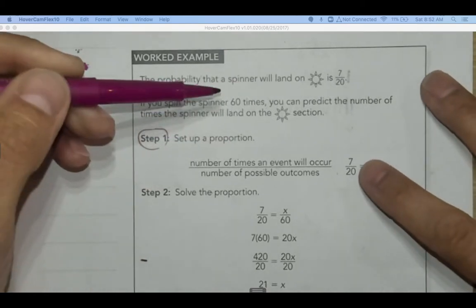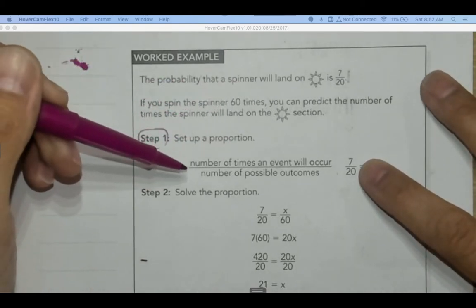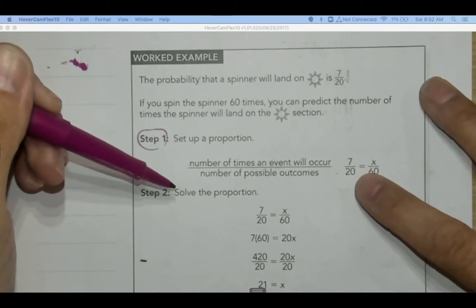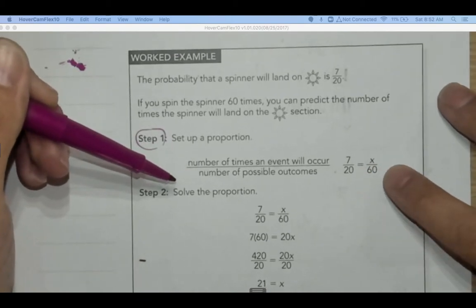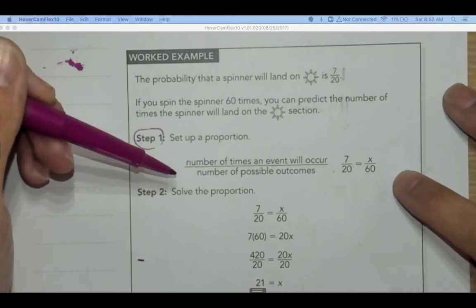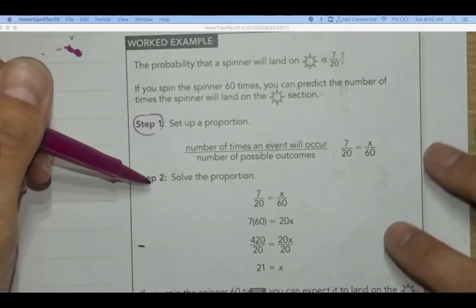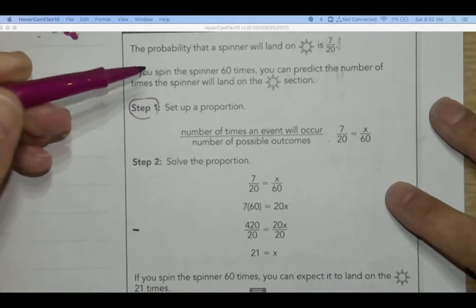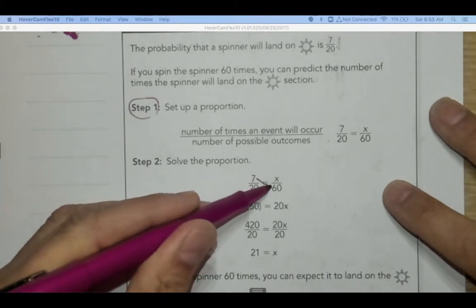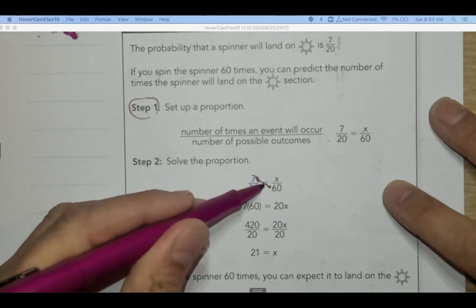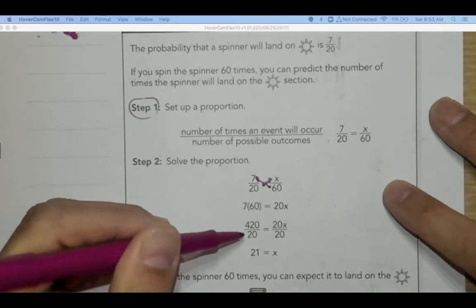The number of times an event will occur over the number of possible outcomes. Then we're going to 60, so we set it up like that. Next, solve the proportion. As we've done with proportions before, we can cross multiply, so 7 times 60 should be equal to 20 times x.